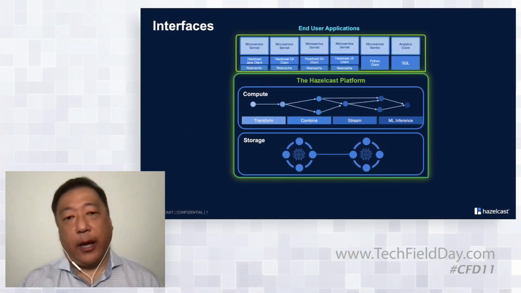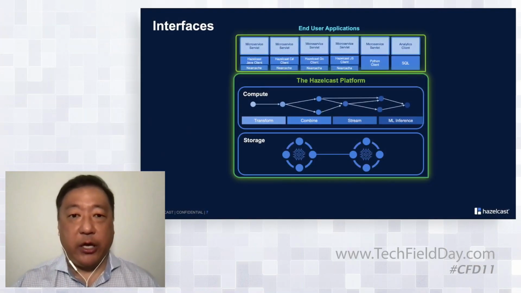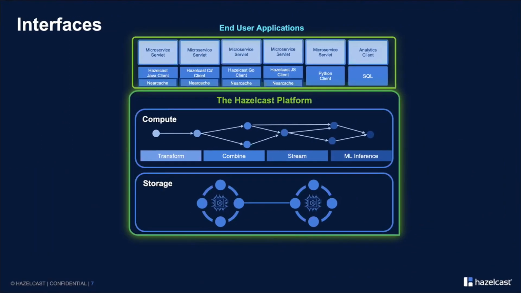And so with support for these client libraries that allow you to build applications in some of the more popular languages like Java, C#, Go, Node.js, and Python as well, plus a module for querying and updating data in SQL, this covers support for a wide range of developers.